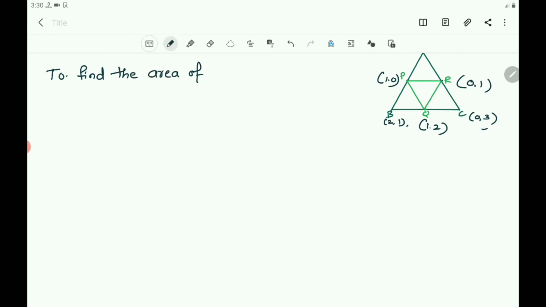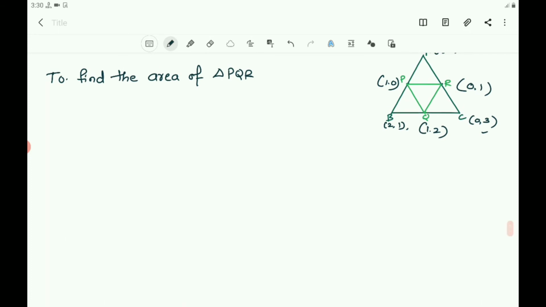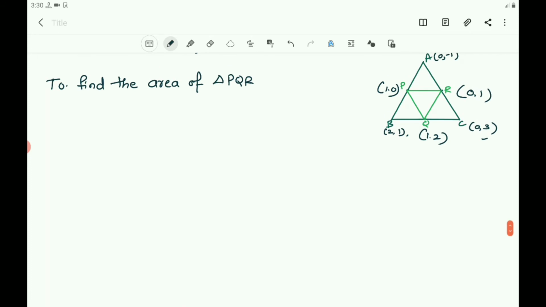Here we have to find the ratio between the area of the triangle formed by the midpoints of the sides of the given triangle ABC, and also the area of the triangle ABC, that is area of triangle PQR is to area of triangle ABC.